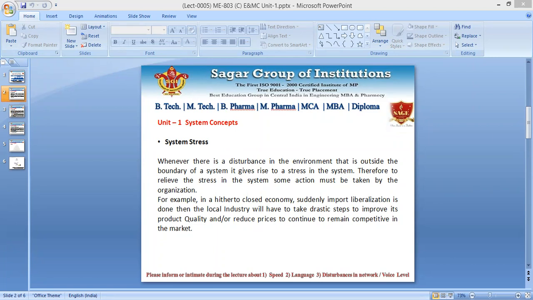Another thing is, in thermodynamics we used to study the system at the atomic level, ionic level, molecular level, but here we are measuring it at business level, right?